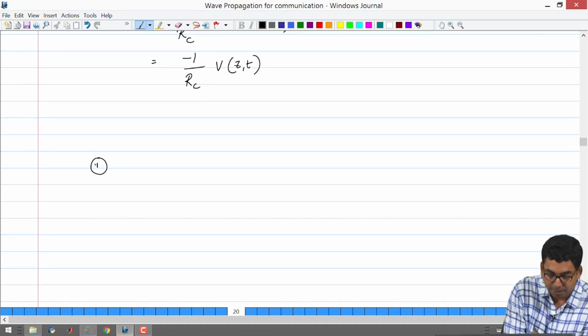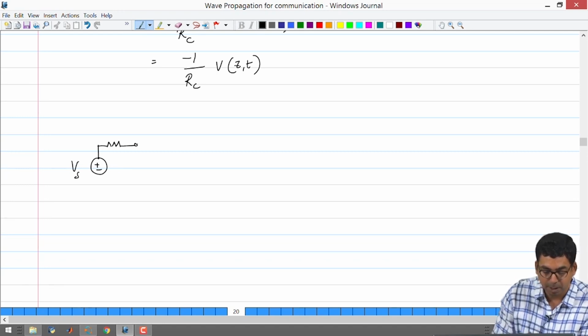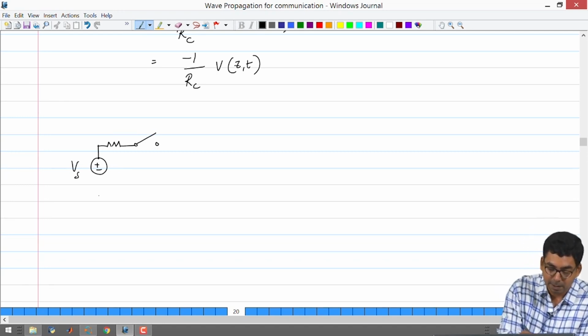Okay. So I'm having a source voltage of Vs. And I'm having a series internal resistance, say Rs.